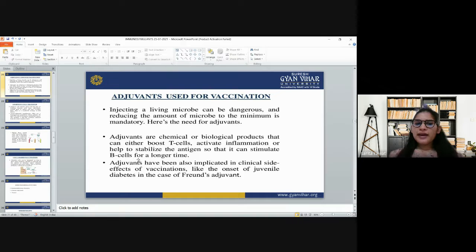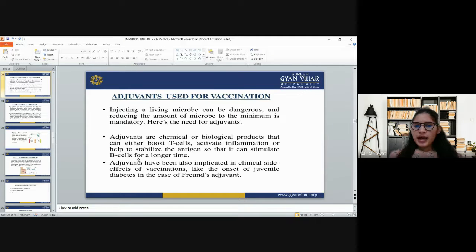Now, next we have adjuvants used for vaccination. Injecting a living microbe can be dangerous, and reducing the amount of microbe to the minimum is mandatory. Hence the need for adjuvants.